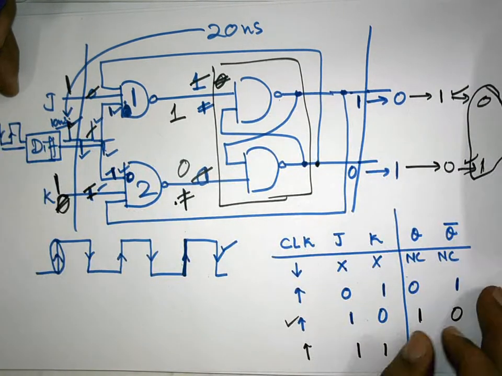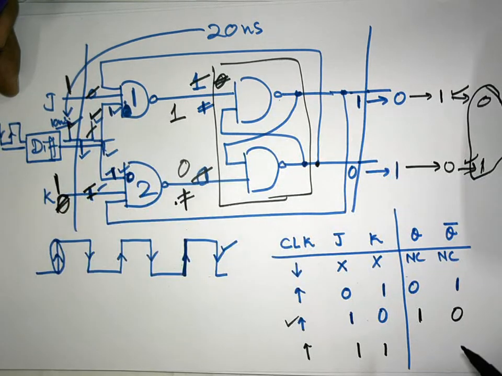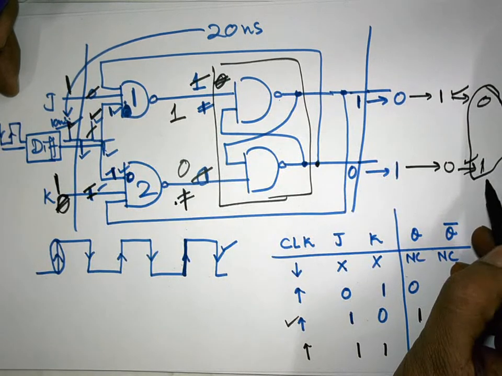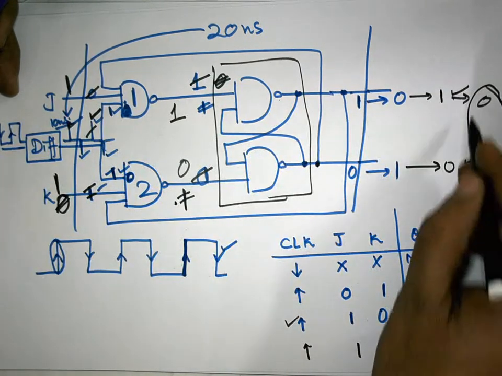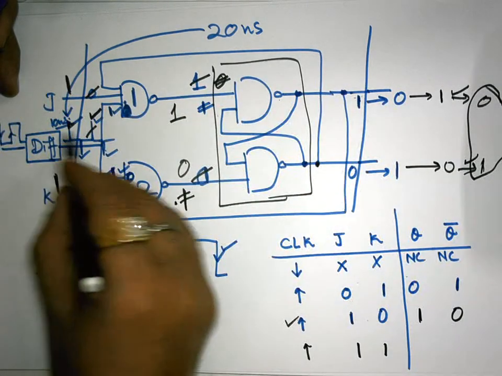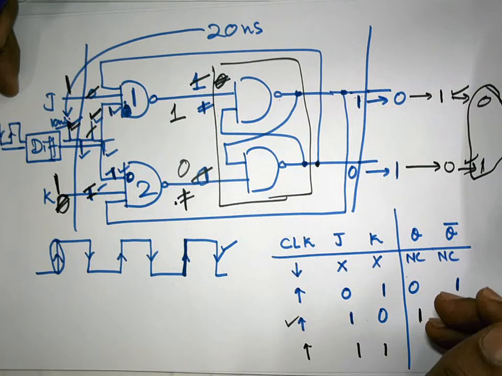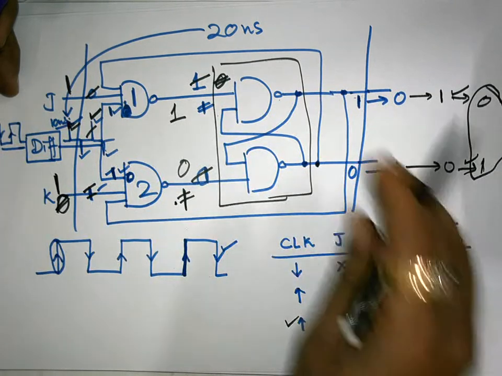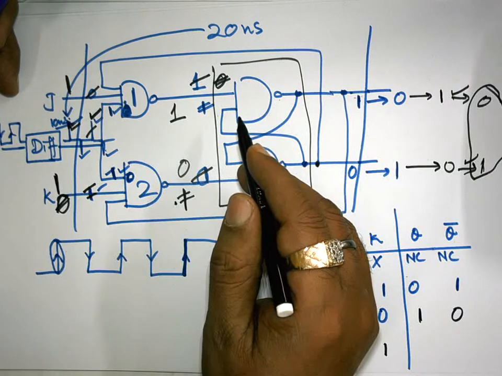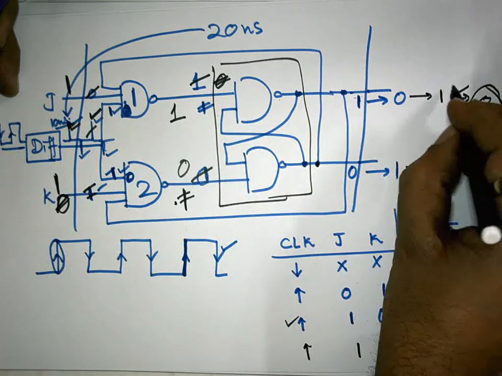It will stay until the occurrence of the next rising edge. This 0 1 will not oscillate now, because this rising edge has died. It has finished because its duration was less than the propagation delay time. Okay. Now it toggles, it changes its state.